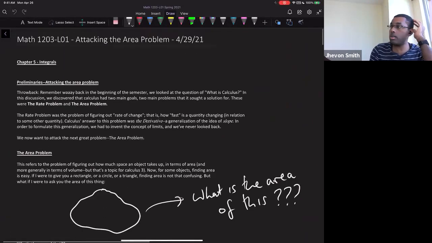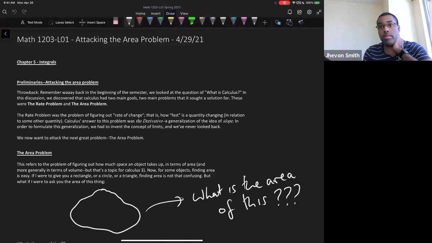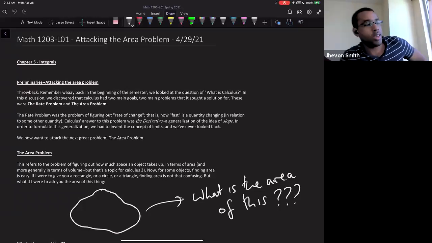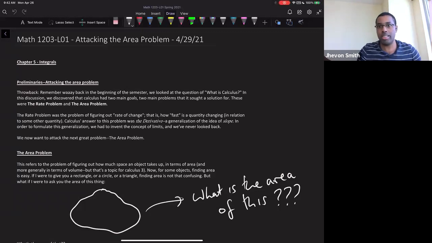But we're pretty much done with derivatives and their applications. We're going to be doing the other part of calculus, which I mentioned to you, which is integrals. So integral calculus. And we're going to spend a little bit of time on that. I know it's almost at the end of the semester, but that's totally normal for a Calc 1 class. Normally, Calc 2 is the class where you go into the second part of calculus, integration and integrals and antiderivatives and that sort of thing.